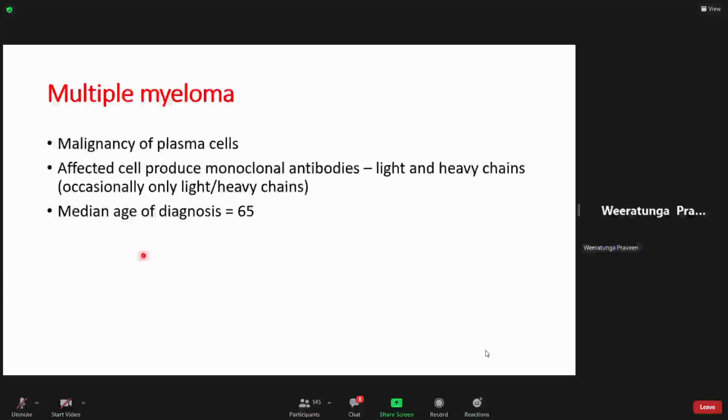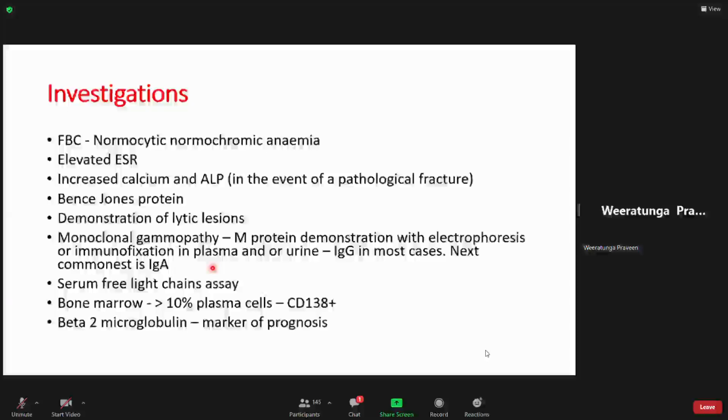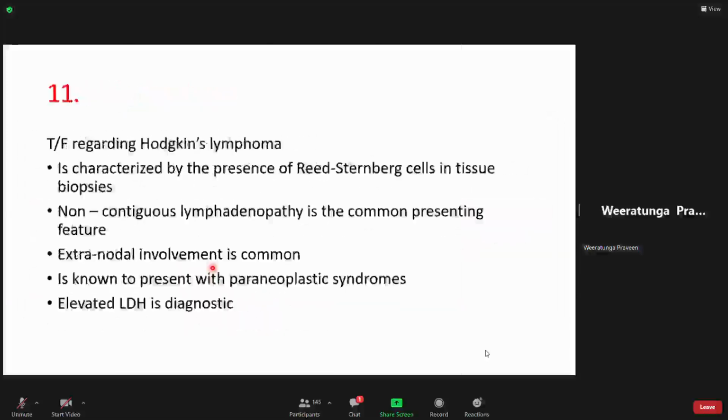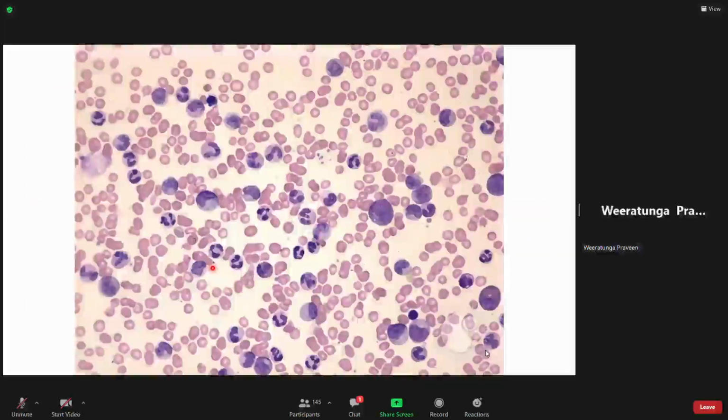But even from the blood film, you can suggest acute leukemia because there are only blasts. In chronic leukemia, you get a mixture of blasts and mature cells. We see both.